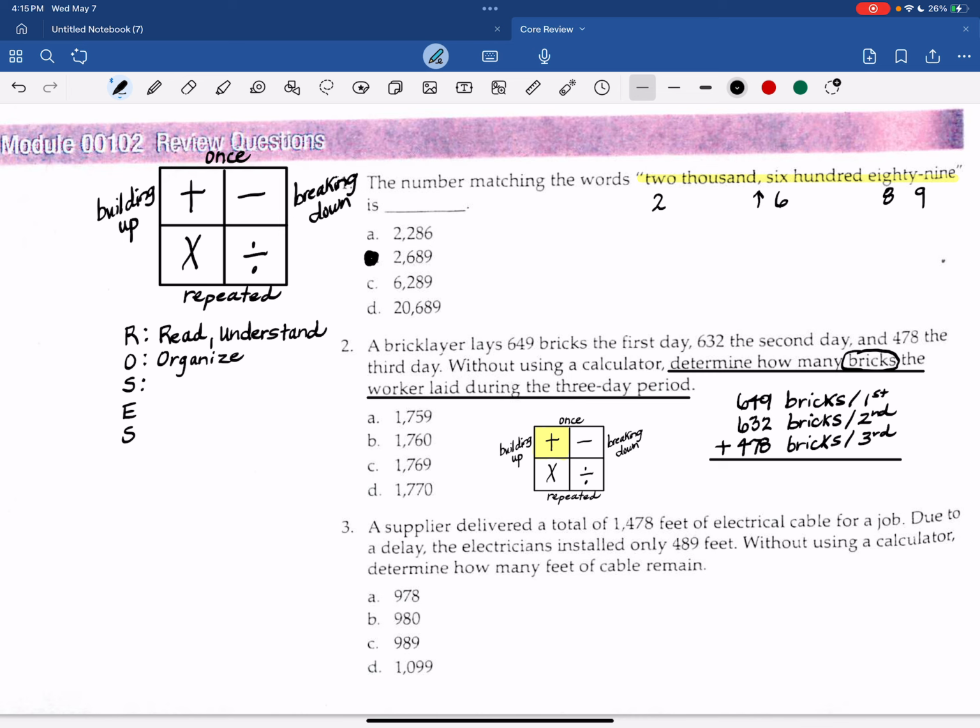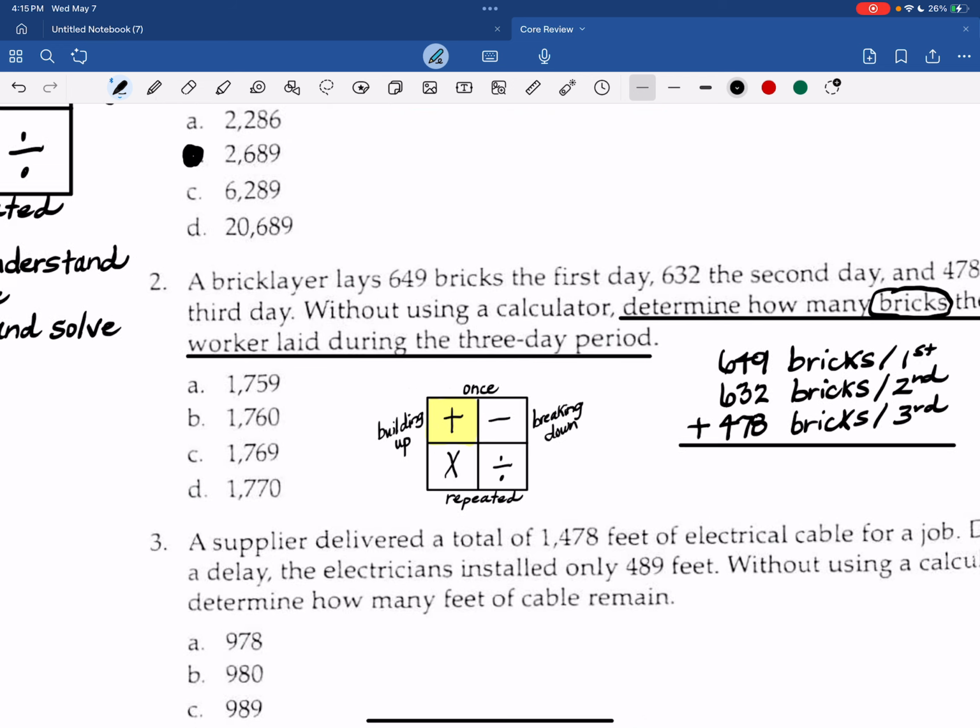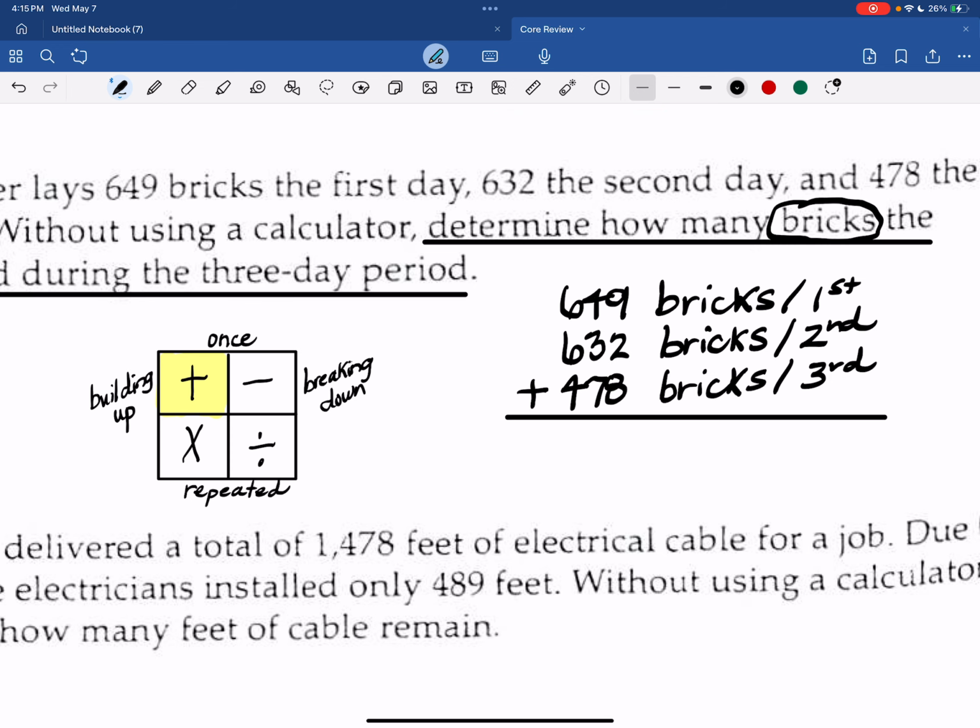This S is to set up and solve. And if you do your organizing right, you've already set it up. That's part of organizing. So let's go ahead and solve without a calculator. I see that 8 and 2 make 10, and then 9 makes 19.